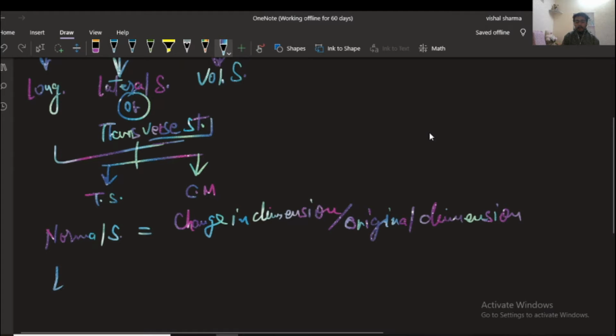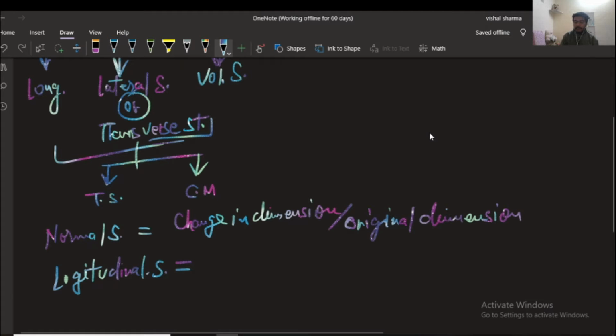And the longitudinal strain is given by the change in dimension along its length, the normal strain in the direction of the applied load.